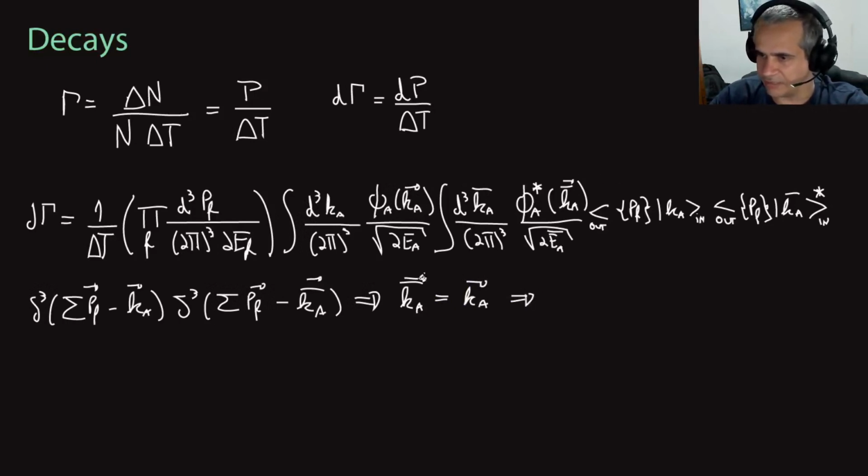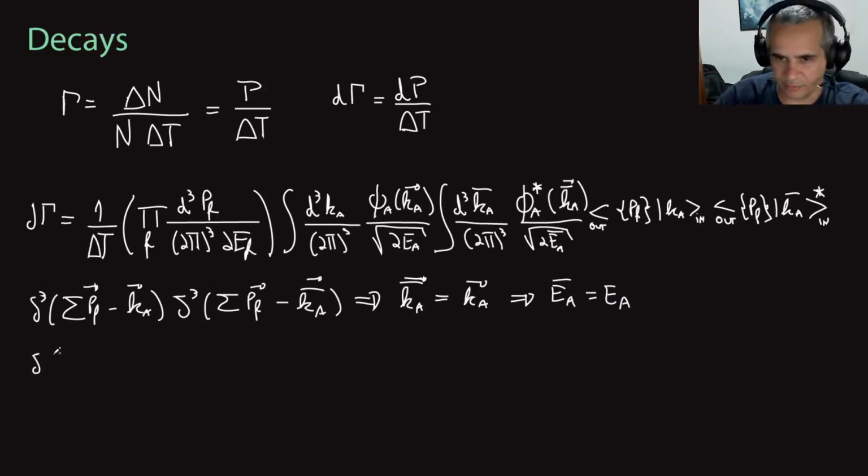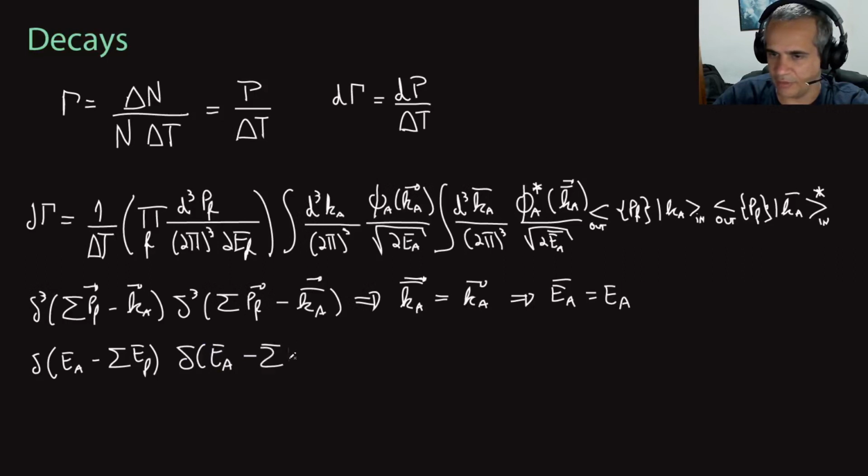This also implies, because I'm taking the 3 components of momenta, that the energy is the same, right? Which now complicates the extra delta, because the energy delta, I have one from here, Ea minus sum of the final ones, and one from here. But now already I have that the bar here can be removed.